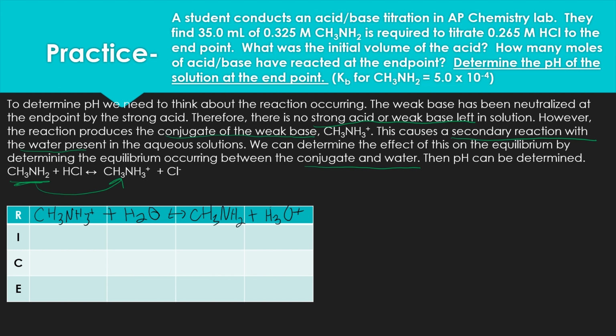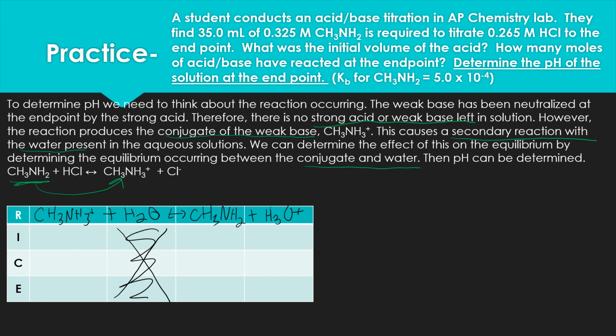So we have a RICE table set up. Now, water is always your liquid. We can ignore that section. We don't care about that. Okay? Now, we need some concentrations, some things to plug in here. So let's think about what's going on. We already know how much of our chemical CH3NH3 has been made, right?